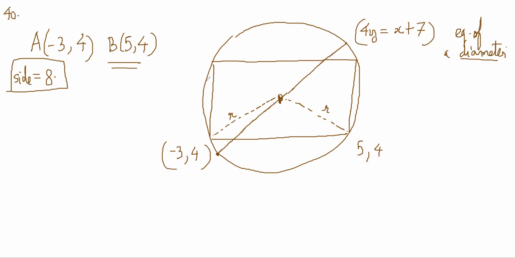What I know is that this is A, this is B, this is C, this is D. I know that the x coordinate of D is minus 3 and the y coordinate is k, and this is 5 comma k, right?